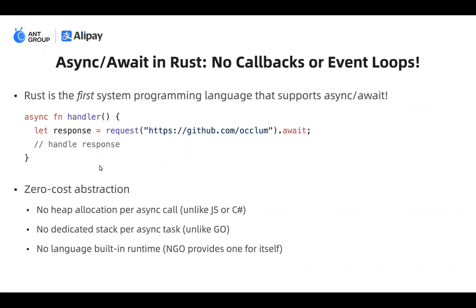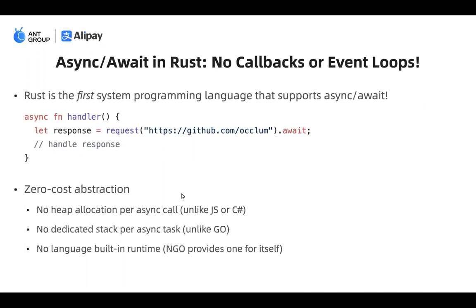And the async await feature in Rust follows zero cost abstraction. That is, there is just minimal overhead with this new async await feature, unlike JavaScript or Go, or other programming languages. Rust's async await feature is very efficient.